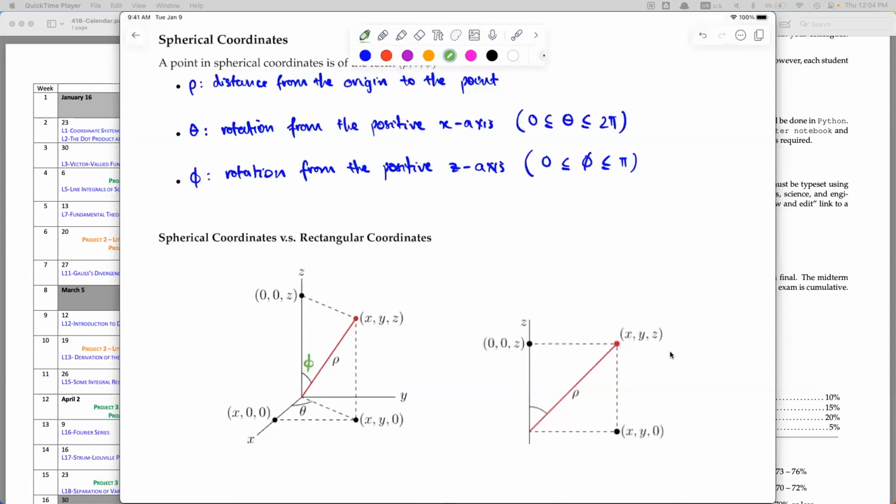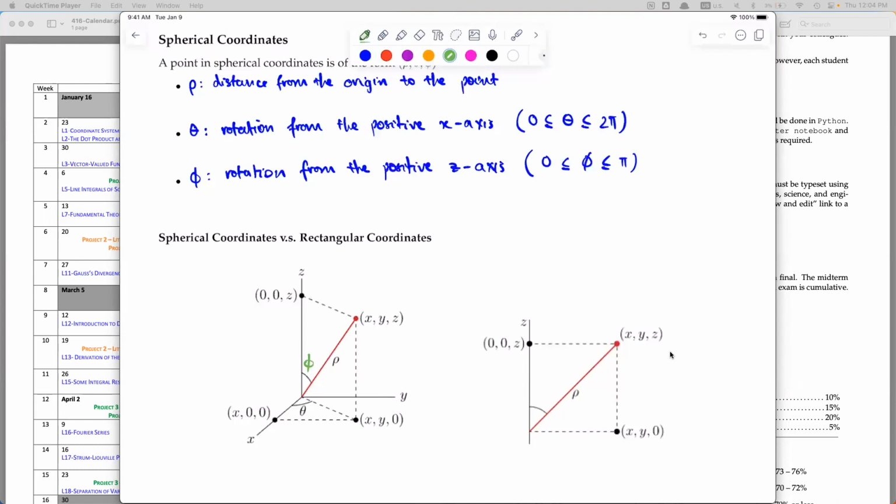All right, so I'm going to build the relationship between the spherical coordinate system and the rectangular system. So what I'll do is zoom into this particular triangle. So this triangle here, 1, 2. Okay, I'm going to bring it over here. So this is rho.